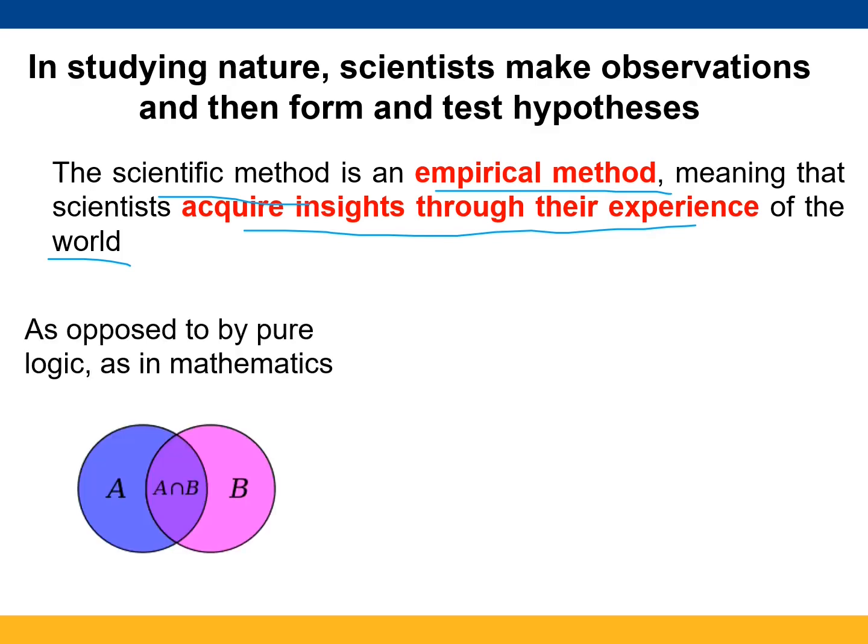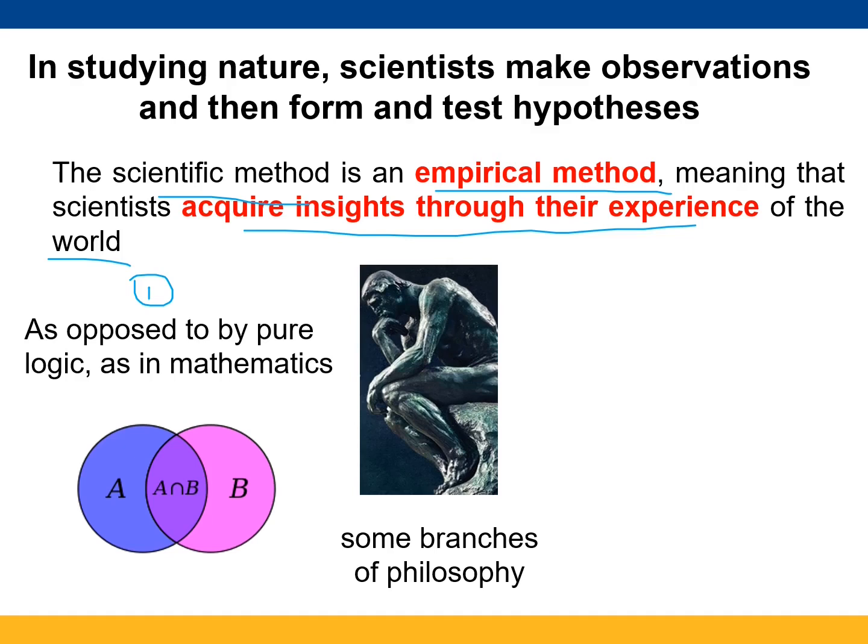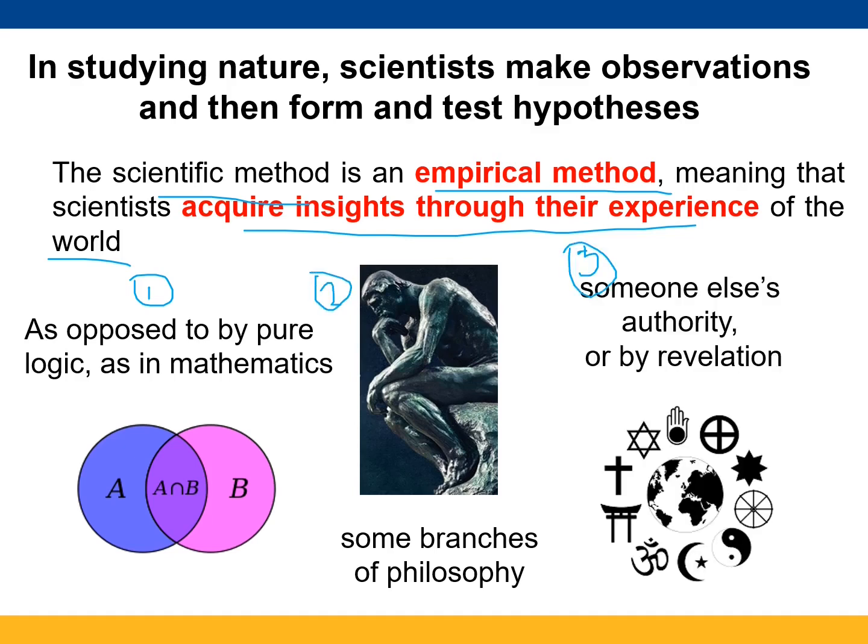As opposed to pure math, which is an example where they use logic, there is no need to use the scientific method. Some branches of philosophy don't need it, and in religion there is no need for a scientific method. However, in science, we always need to have experiments to test our hypothesis. And if we don't have experiments, this is not science.